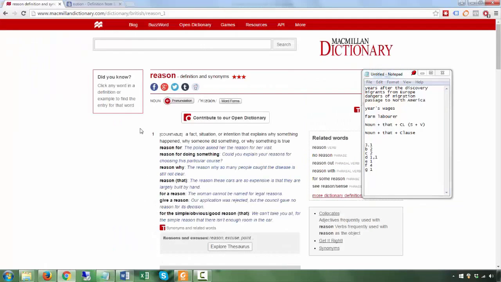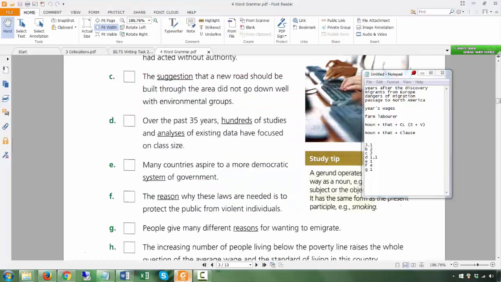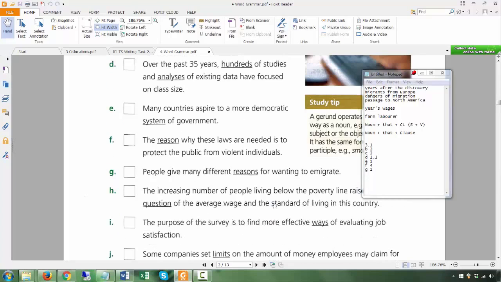Reasons for. If you go to the dictionary, you can see that you have reason for. So reason, you can have why, you can have for. You can see that each word can have different patterns, not just one kind of pattern, as we've seen already with notion: notion to do, notion that, and notion of.